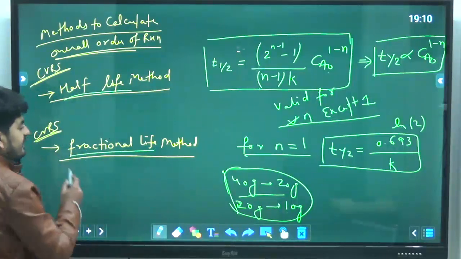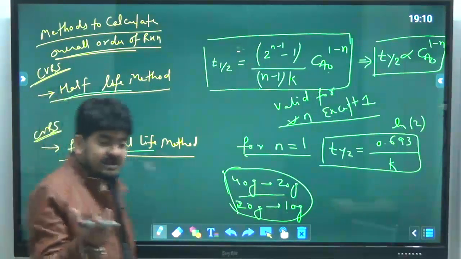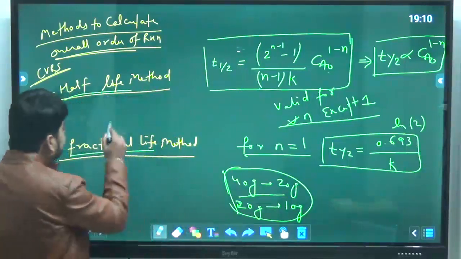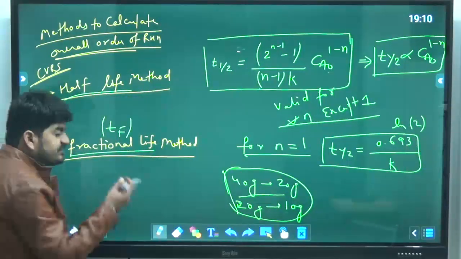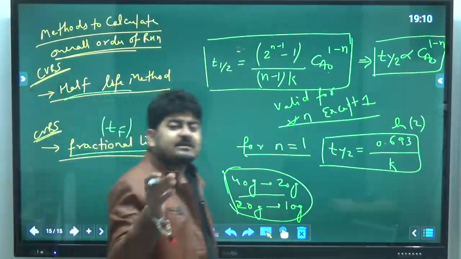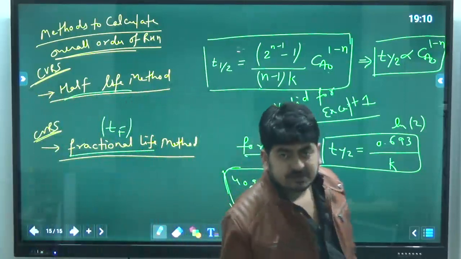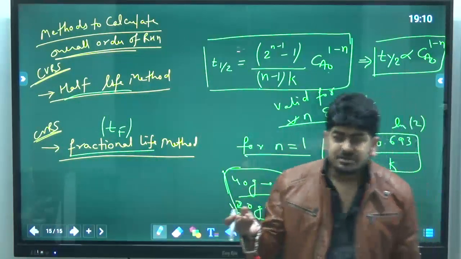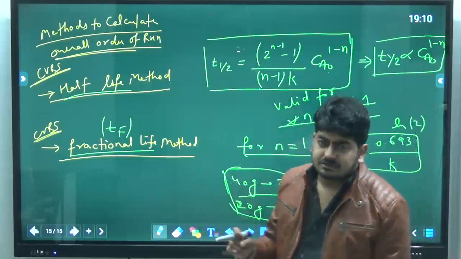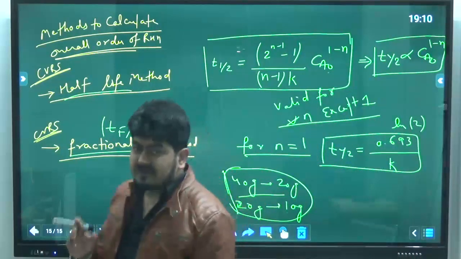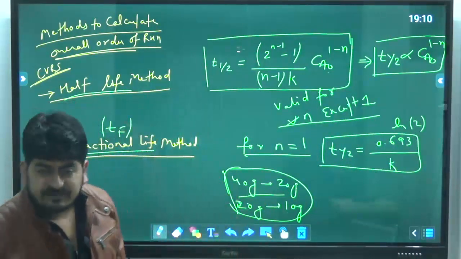See, the fractional life method. Fractional life can be denoted by the letter tF. What is fractional life? Fractional life is the time taken by the reaction to reduce the concentration of reactant up to a desired fraction.